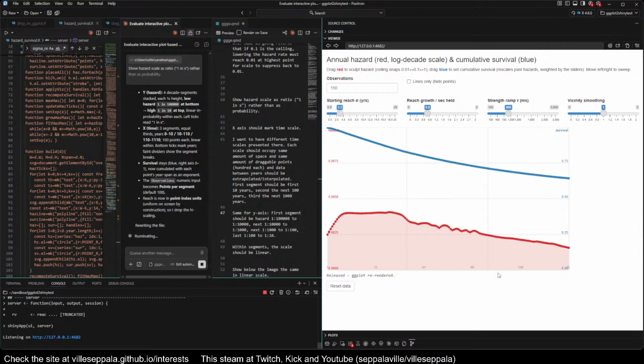But I think that might get super tricky with how this is related to this hazard rate.